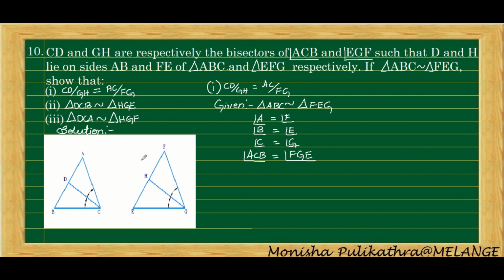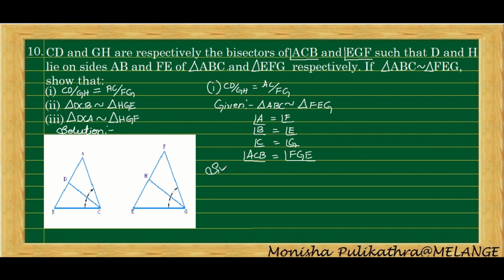If these things are equal, then angle ACD is also equal to angle FGH, and angle DCB is also equal to angle HGF. Why? Because they are bisectors, equal angle bisectors.